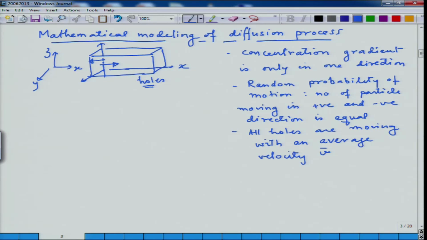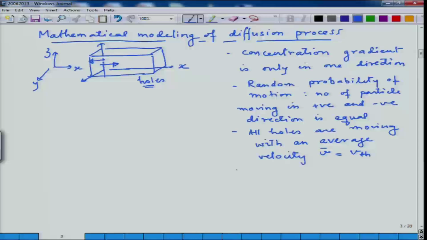This simplifies the problem in that we take all the particles to have the same average velocity V bar, which is going to be equivalent to the thermal velocity of the particles in the classical picture.